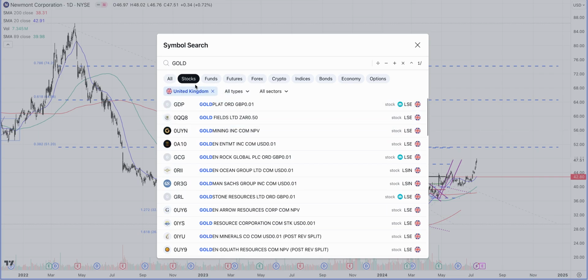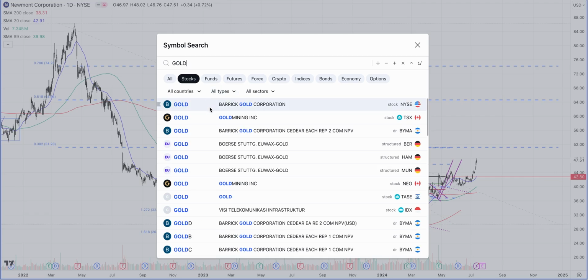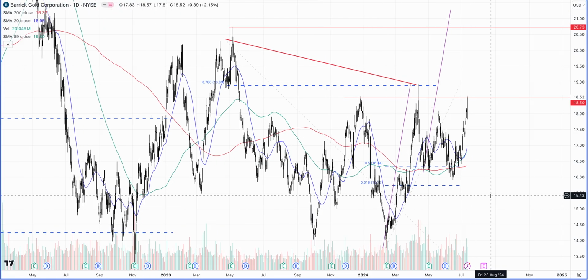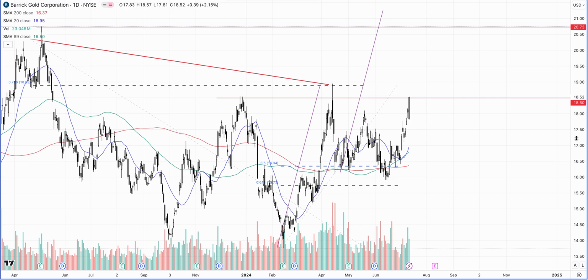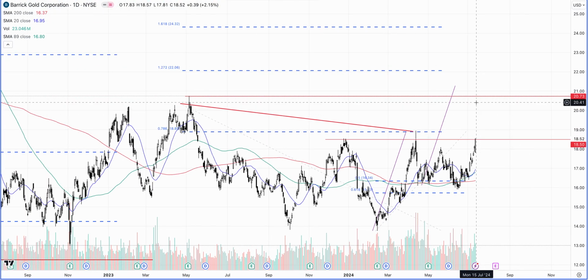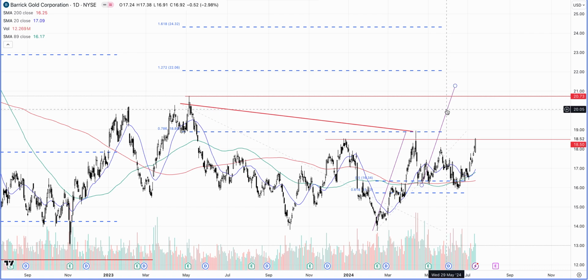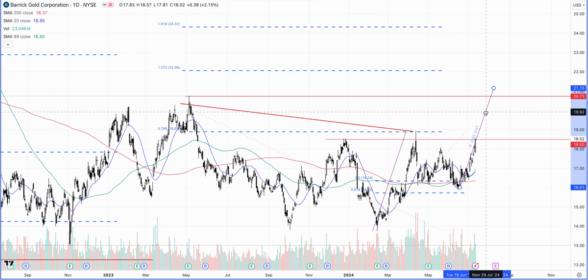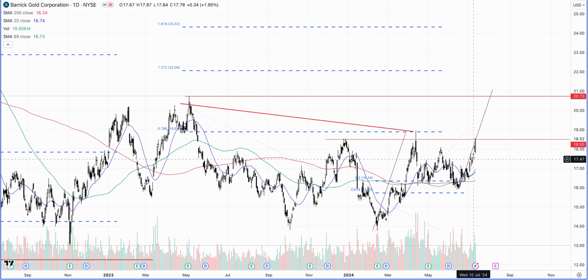Okay, Barrick Gold. Here we go. So the Barrick Gold, compared to the Newmont mining, had actually not been as strong, but now it's also getting strong. So I think what we are looking at is a move in this ABCD higher.